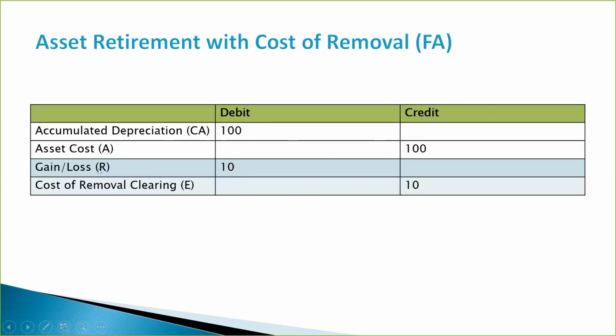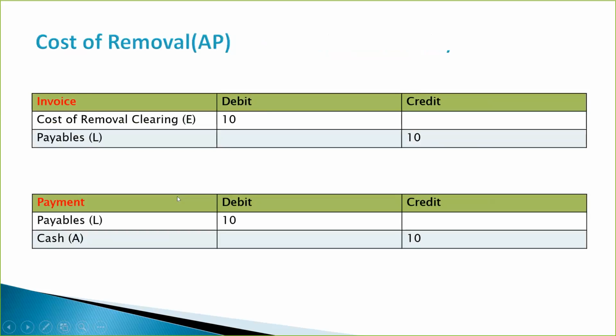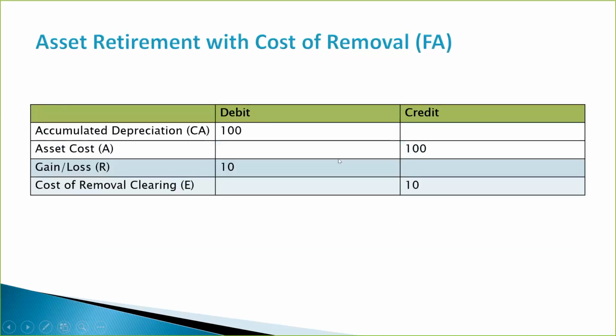And since this is a revenue account, we are debiting it to show a reduction in revenue, which means it's basically an expense, right? And of course, we are crediting our clearing account, cost of removal clearing. So the cost of removal clearing cancels out. This side it was a debit and here it was a credit.